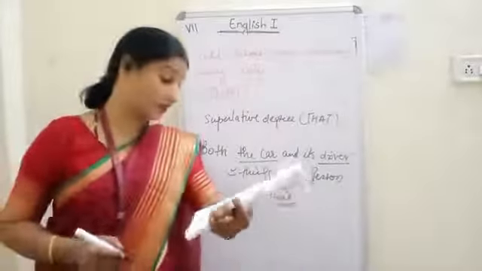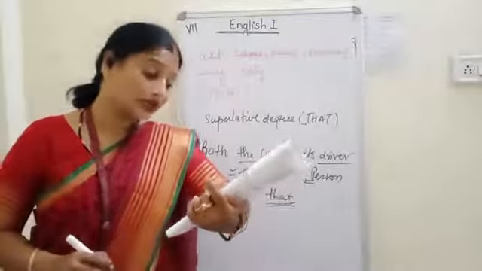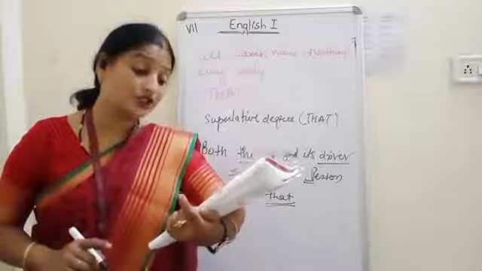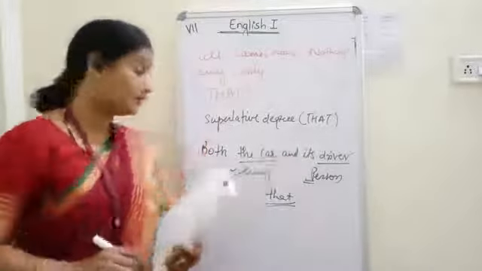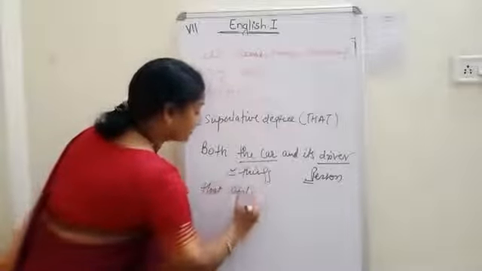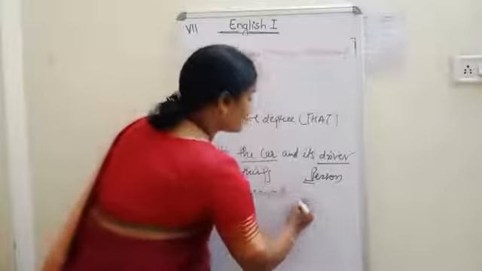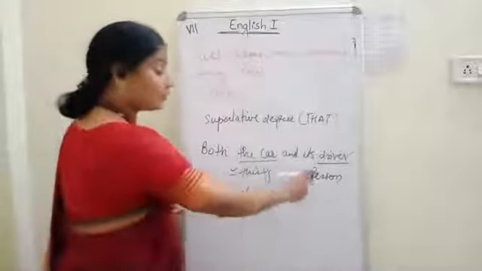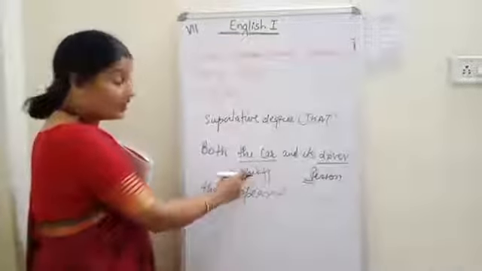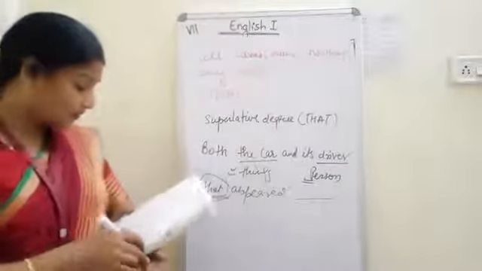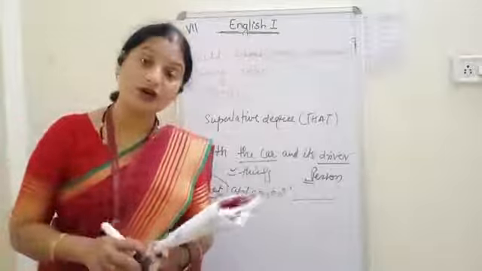Now see the sentence: both the car and its driver that appeared gorgeous now looked shabby. So we are discussing one person and one thing, and that's why we can use that. So this is all about the use of that.